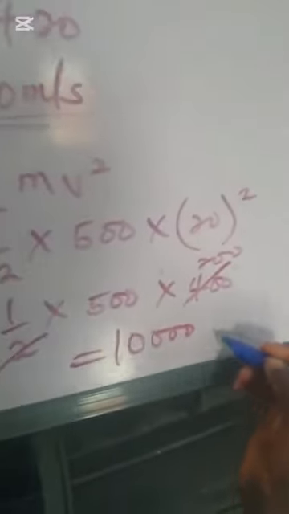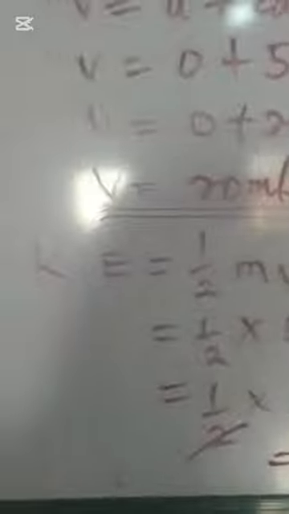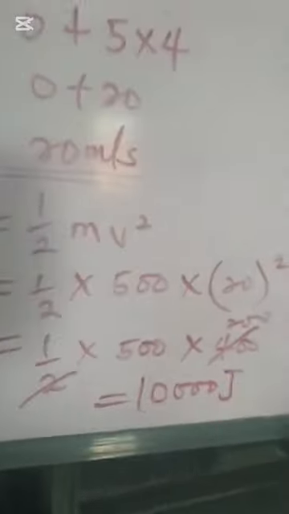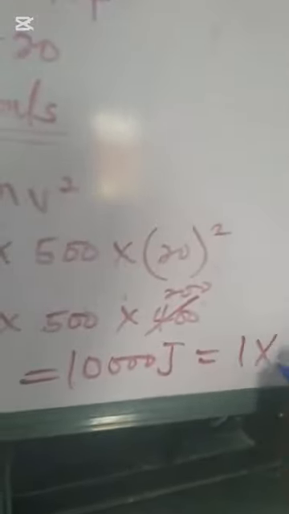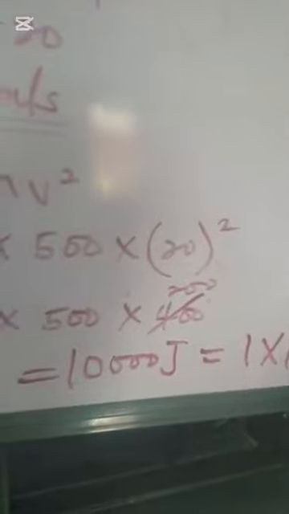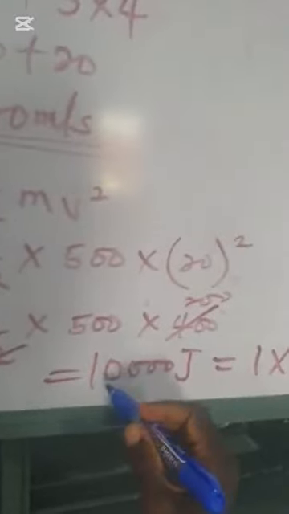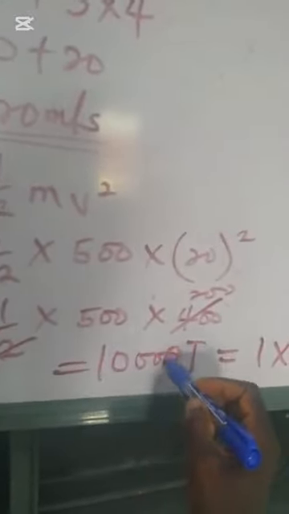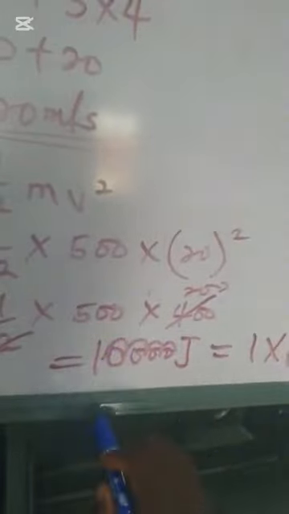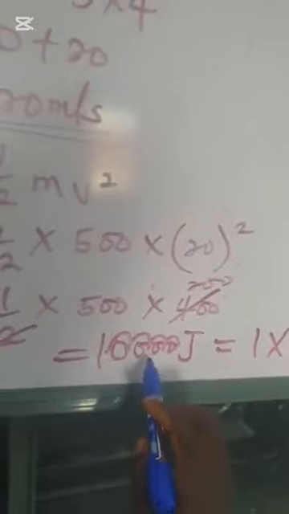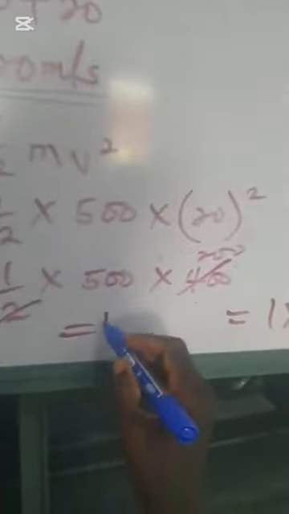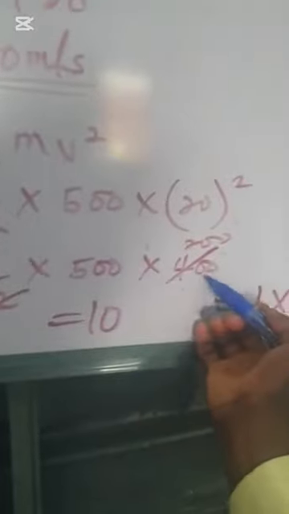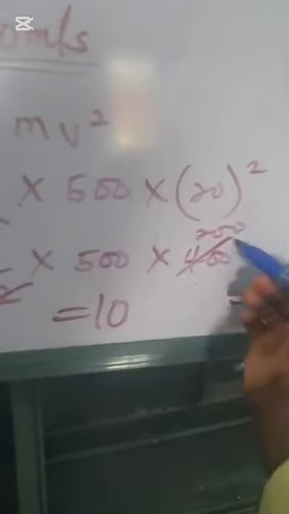So what's the unit of kinetic energy? That is joule. So this can be written in standard form. 5 times 2 here is 10, then 4 zeros, 2 zeros here, 2 zeros here.